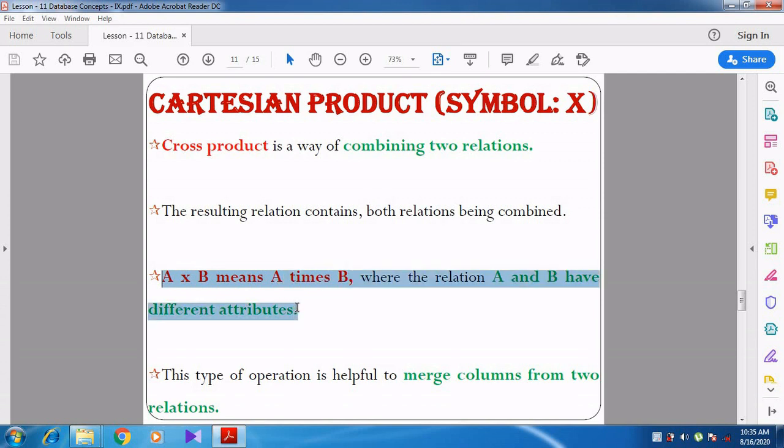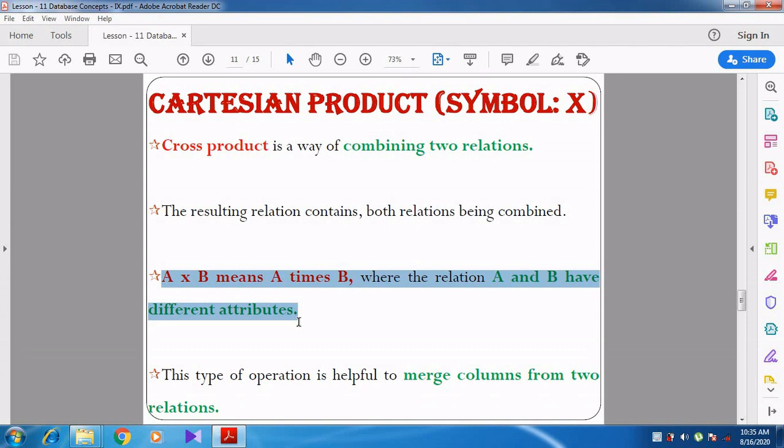A cross B means A times B, where the relation A and B have different attributes. So if the table A and table B contain different columns, different attributes, then there is no problem at all.